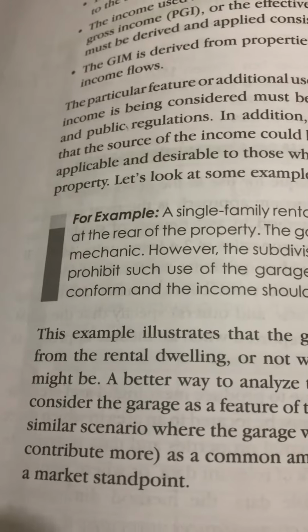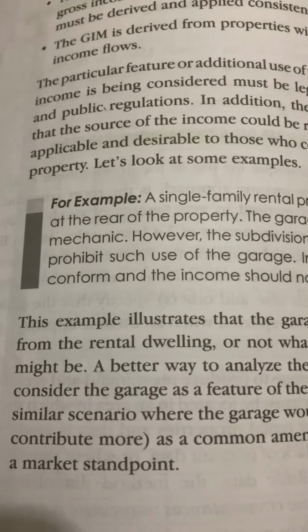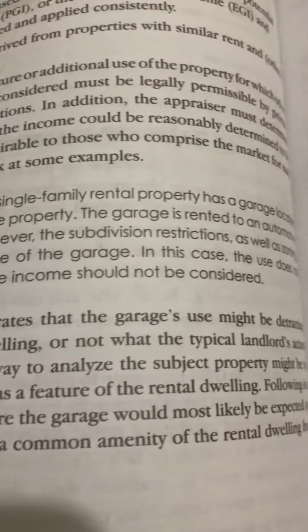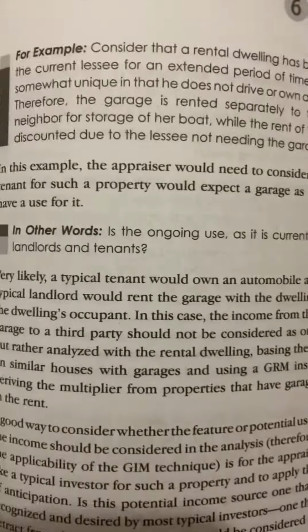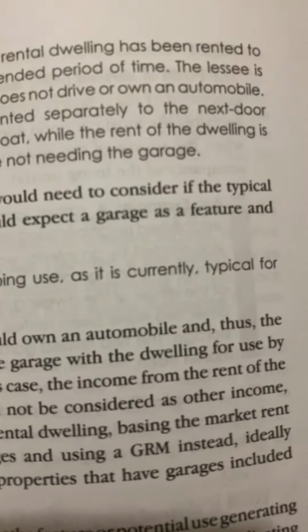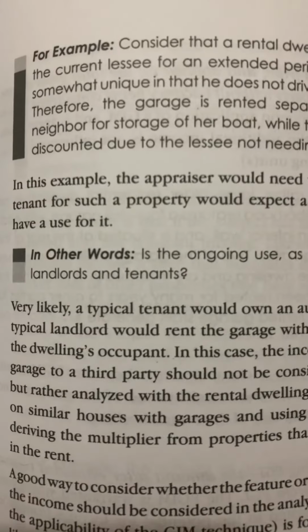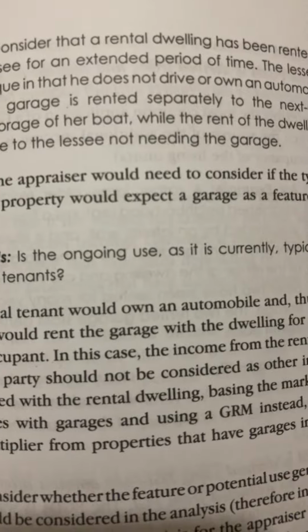Following is a similar scenario where the garage would most likely be expected or contribute more as a common amenity of the rental dwelling from a market standpoint. Page 179. For example, consider that a rental dwelling has been rented to the current lessee for an extended period of time.